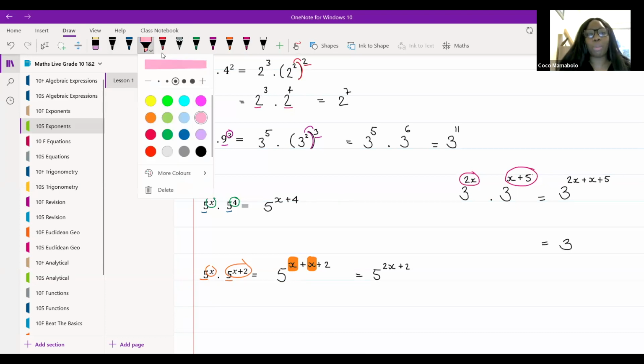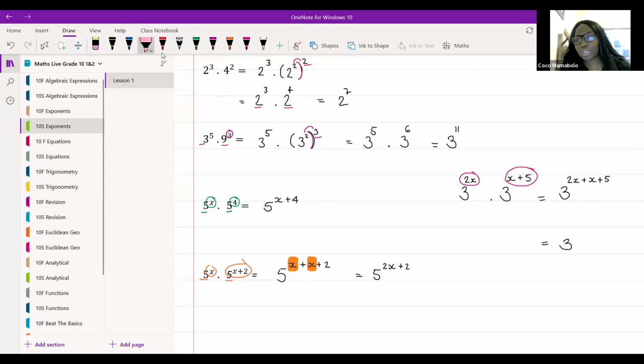If we look up top here, what are my two like terms? Good, 2x and x. So Tyler, tell me, what is 2x plus x? Three x. Yes, absolutely. It's 3x.